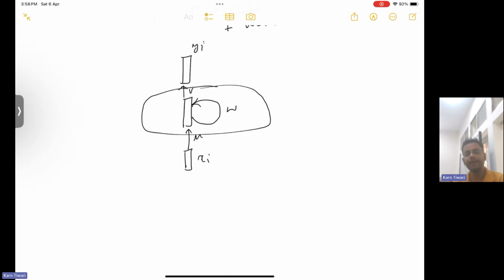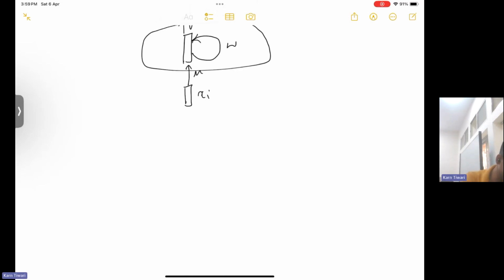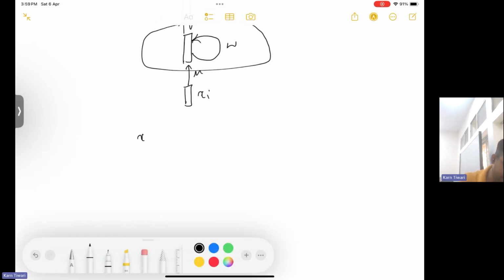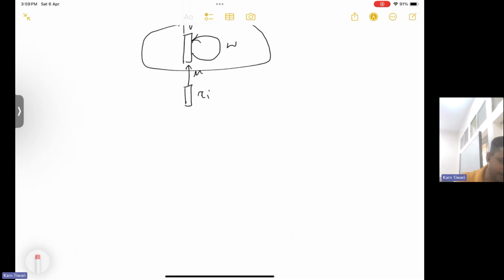Now, if we are familiar with this concept of matrix theory, then you might see that again and again we are multiplying W. In this week's lecture, they talked about backpropagation through time.